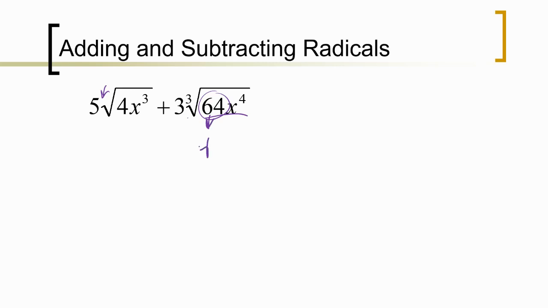So the cube root of 64 is 4, and then we have x to the 4th. We rewrite that to be x to the 4/3, and think it through as the previous problem, where we're going to have x to the 1 and 1/3.